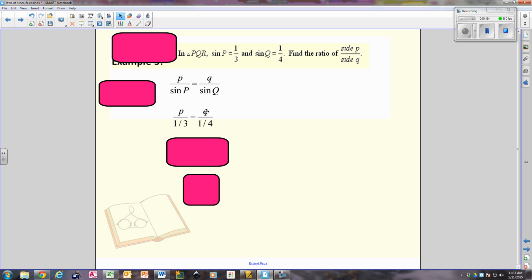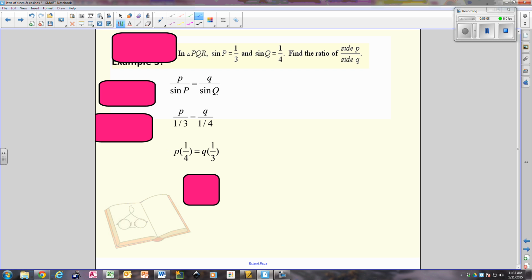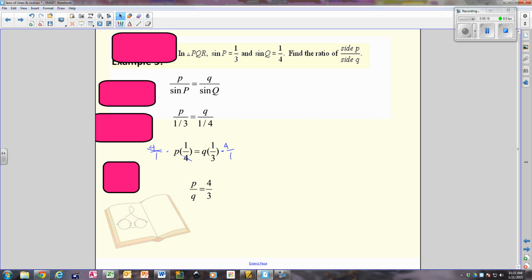If you cross multiply, just like any other thing, P times 1/4, Q times 1/3. Now if you want to multiply both sides by 4 over 1, because we want to multiply by the reciprocal, actually I skipped a step here.